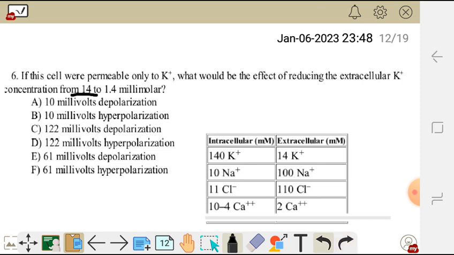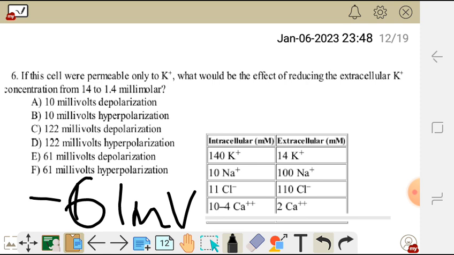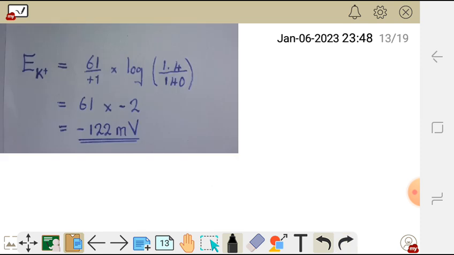We know that for 14, the equilibrium potential was negative 61 millivolts. Now what will happen if we reduce the extracellular concentration? We use the Nernst equation, where we simply divide the concentration of potassium outside over 140, we get the log of that, and then we multiply by 61 and we are going to get negative 122 millivolts.